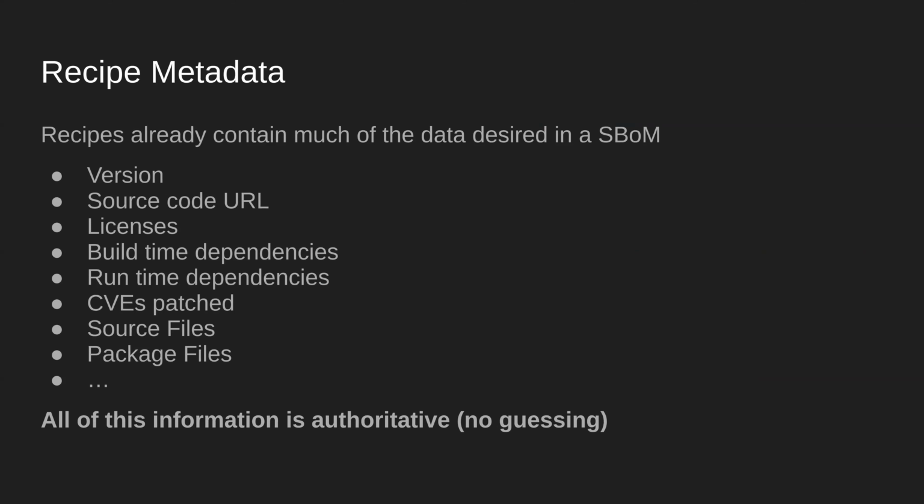We know the runtime dependencies, and those more or less have to be correct in order for the software to actually run. We know what CVEs we patched. We track that pretty carefully. We know all the source files that went into this thing, and we know the files that we produced from doing the build, because that's all described in our recipe metadata.